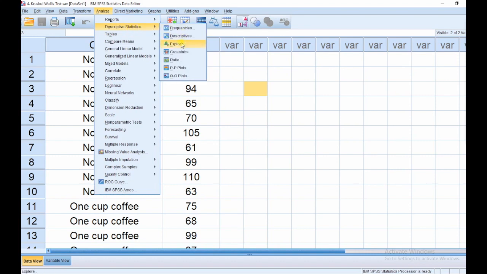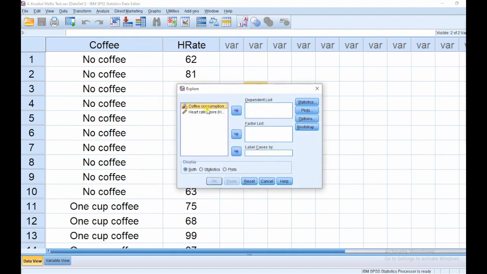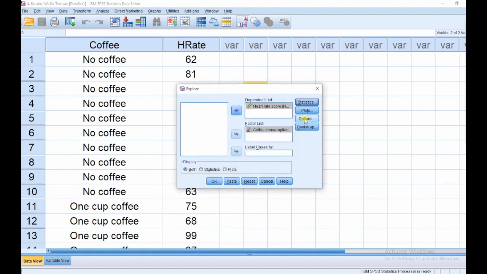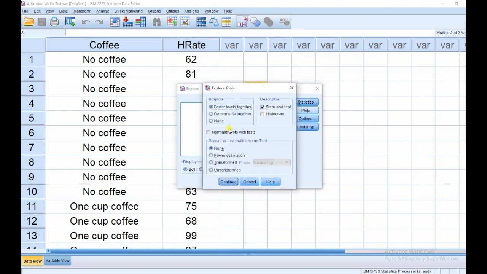So analyze, descriptive statistics, and explore. Here coffee consumption is a categorical variable. I am transferring it to the factor list, and heart rate score to the dependent list. In statistics, by default descriptive statistics, we will get the values of central tendency, measures of dispersion and distribution, and the test plots.